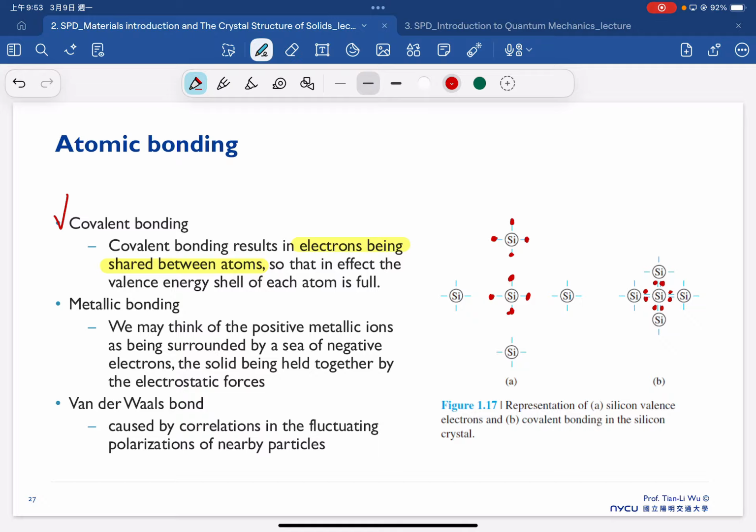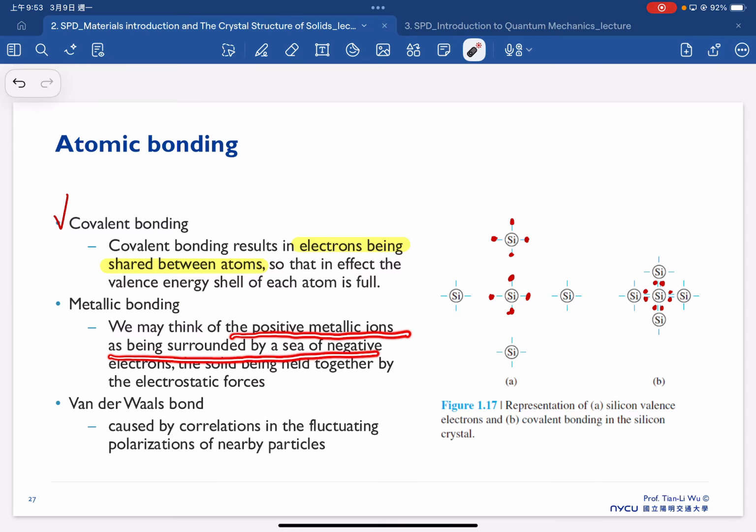And for sure we have some more. For example, we have metallic bonding. Think of the positive metallic ions as being surrounded by a sea of negative electrons, with the solid being held together by the electrostatic force. We also have the van der Waals bond. It's caused by correlation in the fluctuating polarization of nearby particles.